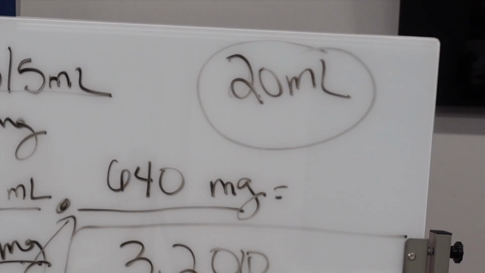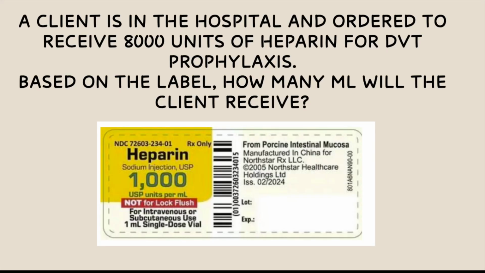The next problem: a client in the hospital is to receive 8,000 units of heparin for DVT prophylaxis. When you look at the label, what's available?